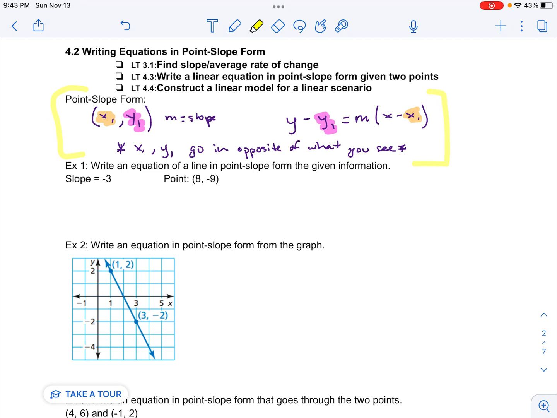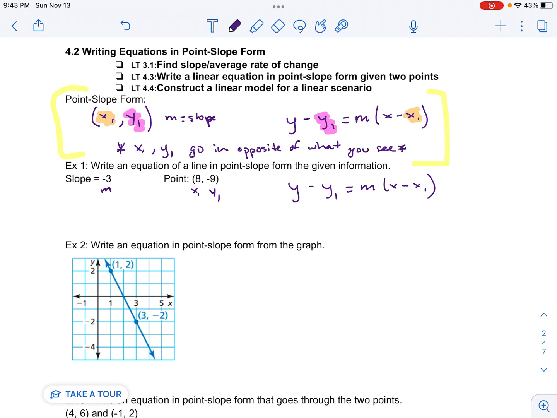Example 1. Write an equation of a line in point-slope form with the given information. So we have our slope and we have our x1, y1. I'm just subbing it into my formula. This is where x1, y1 go in opposite of what you see.